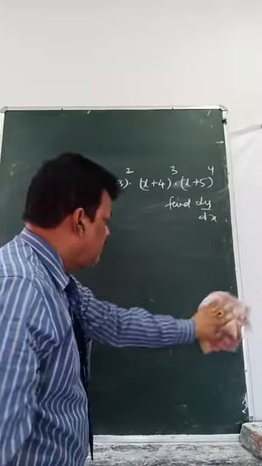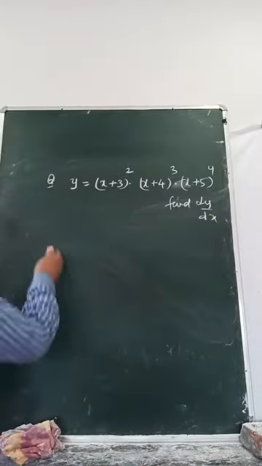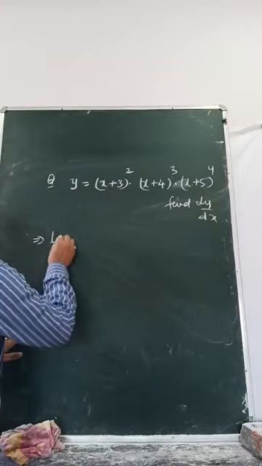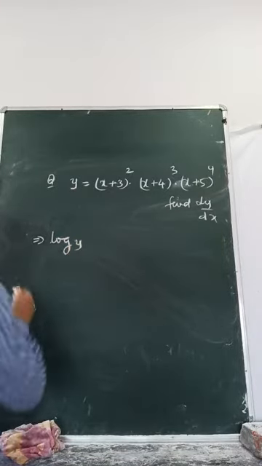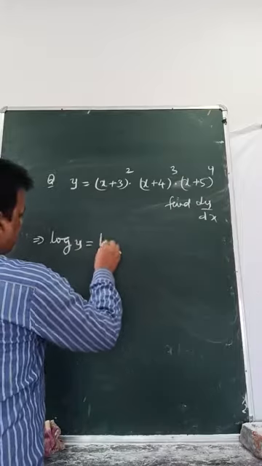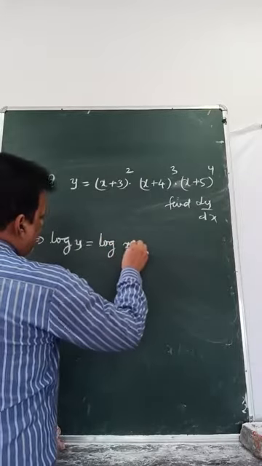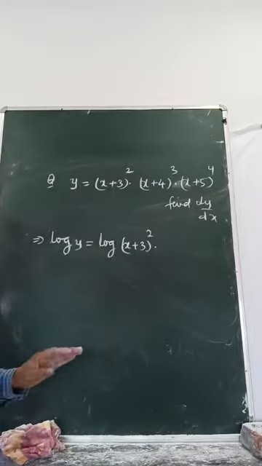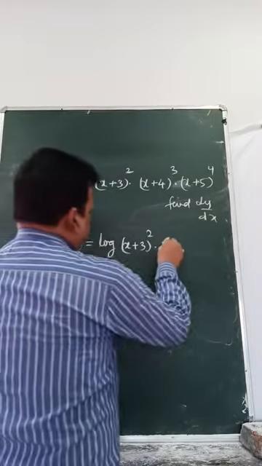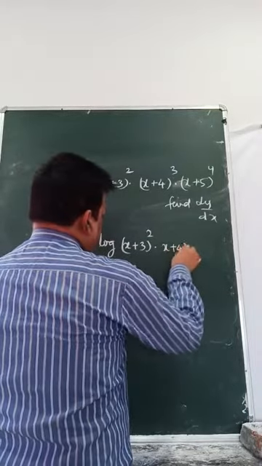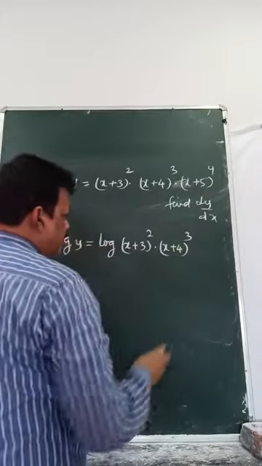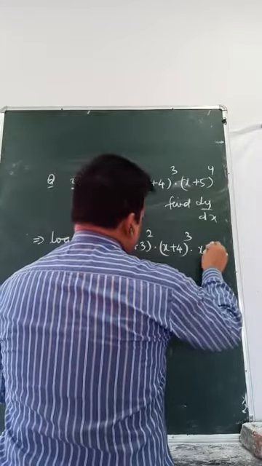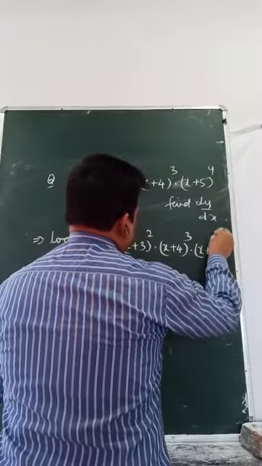What you can do is, we can take the help of log, we can simplify it. So you can write, this implies log y equals log of x plus 3 square into x plus 4 power 3 into x plus 5 power 4.